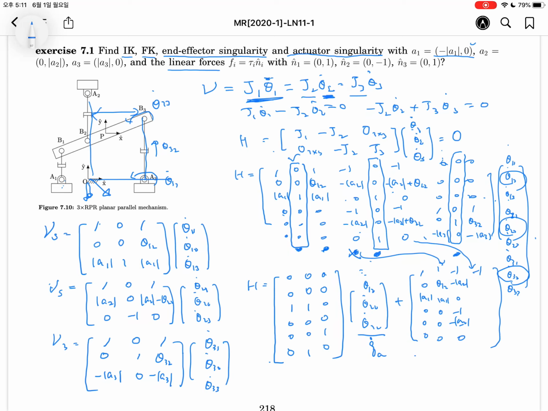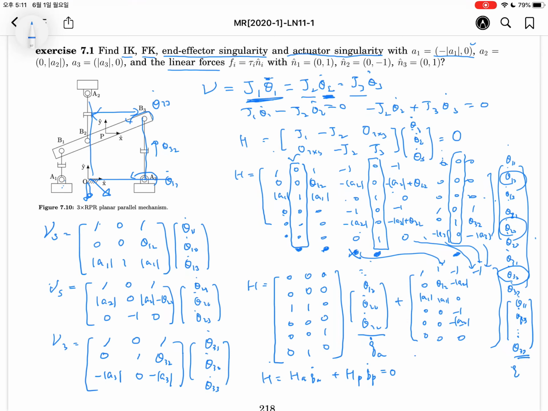Okay, like this we can collect the 6 column vectors. They will correspond to theta 11 dot, theta 13 dot, and so on, up to theta 33 dot, 6 elements. Okay, from here and here, the H matrix can be written as HA QA dot plus HP QP dot equals 0.